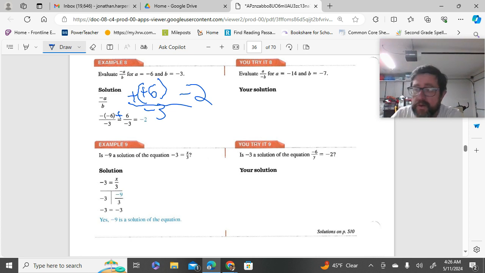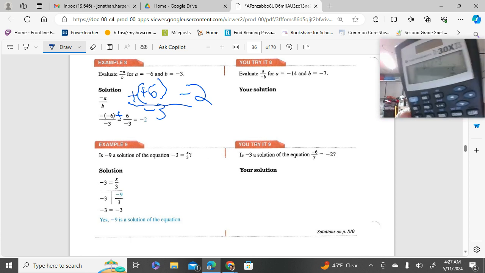Let's go negative, parentheses, -6, end parentheses, divided by -3.